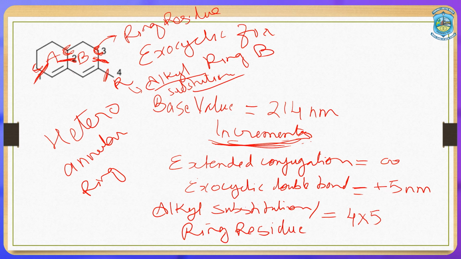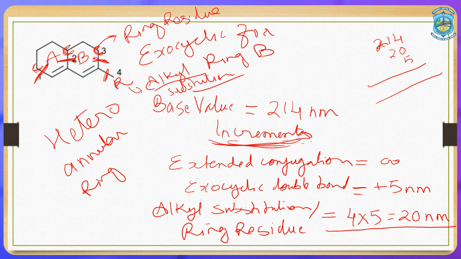So, ring residues and alkyl substitution are total 4, and for each we have to add 5. So, 5 multiplied by 4 is equal to 20 nm. Finally, we have to add these values: 214, 20 and 5, and when we add it, it makes 239 nanometers.